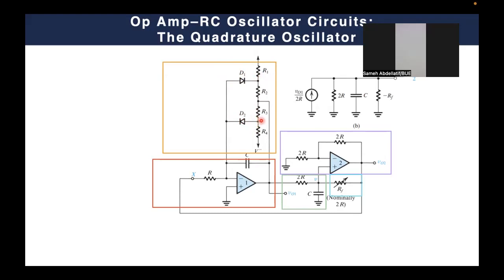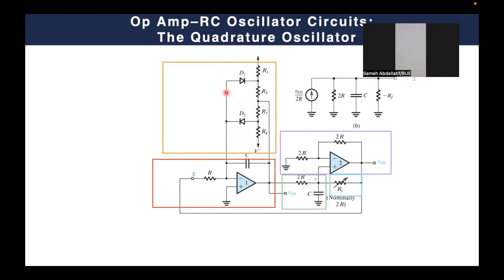If it's 0.7, then this is a short circuit. So for very, very small inputs, either in the negative or the positive half cycle, these two diodes will be reverse biased, there is no current flowing here, and you can totally ignore the circuit.